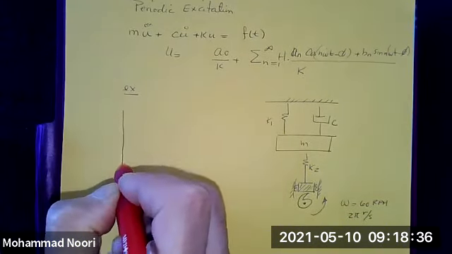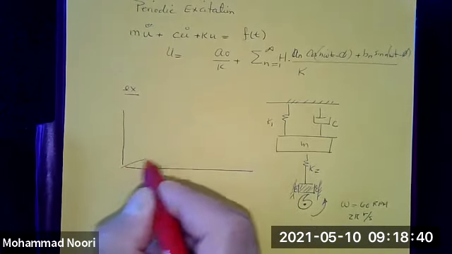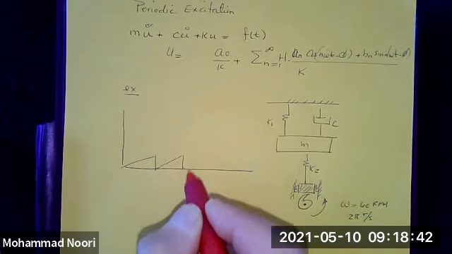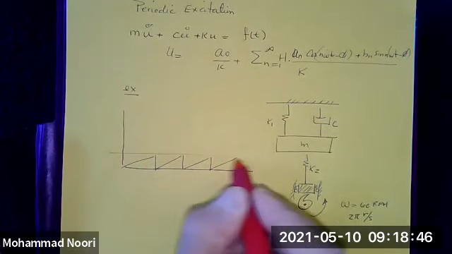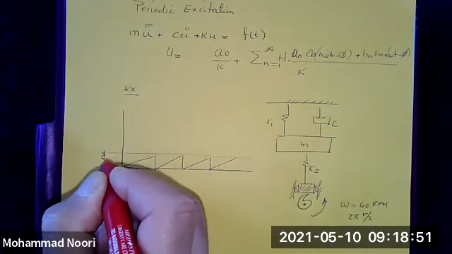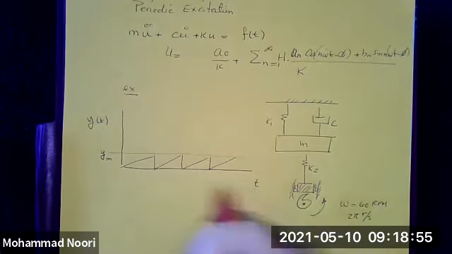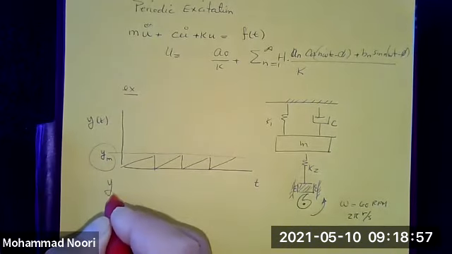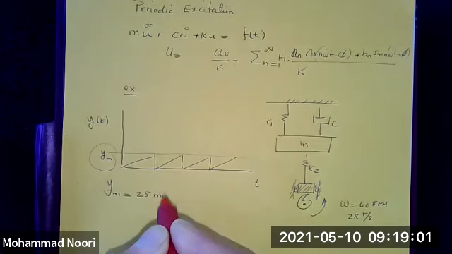That input displacement function is given like this. It is a sawtooth function. The maximum displacement, y of max, is given as 25 millimeter.